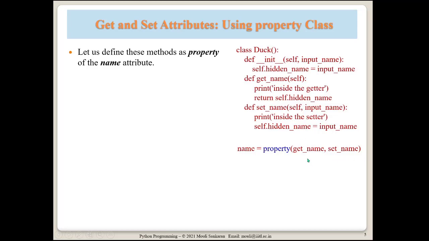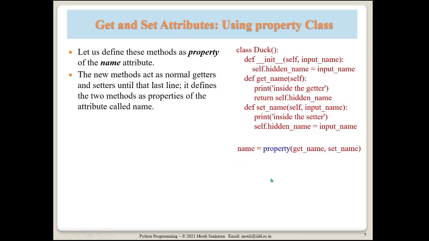First one is a getter, another one is a setter. These two should be function names which are defined inside the class, and I'm defining this also inside a class. The new methods act as normal getters and setters until that last line. This last line defines the two methods as properties of the attribute called name.